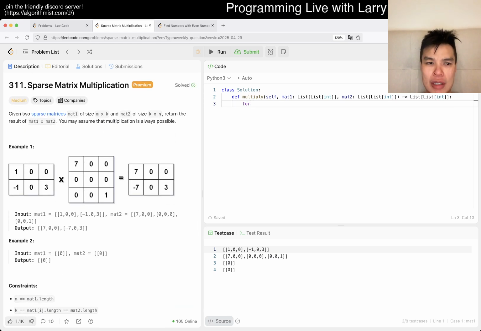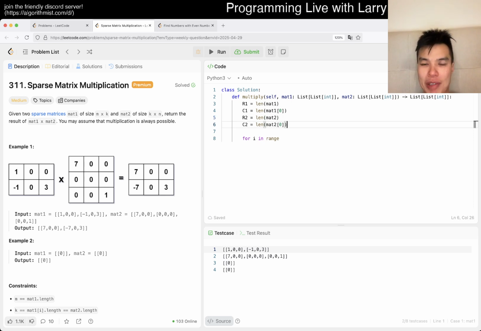But yeah, what are my loops again? So R1 is equal to the length of matrix 1, right? Something like that. I'm just trying to remember this from memory, which could be very wrong.